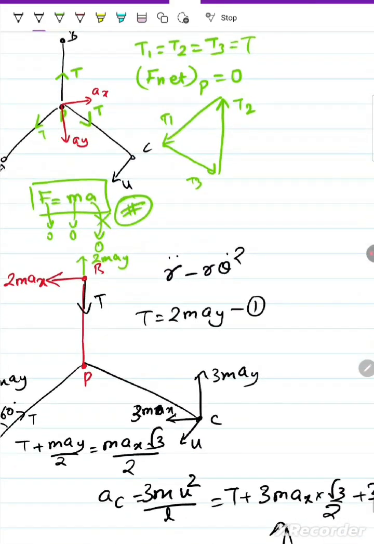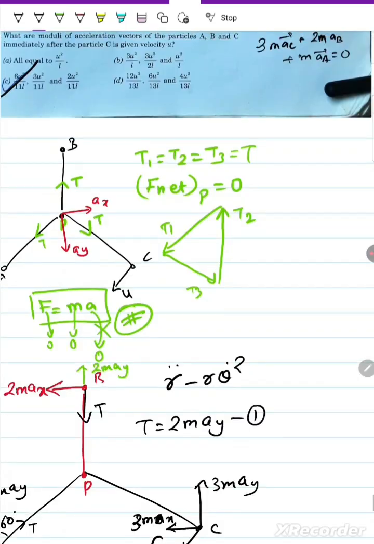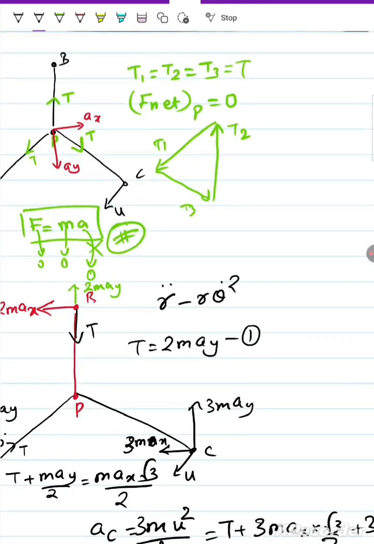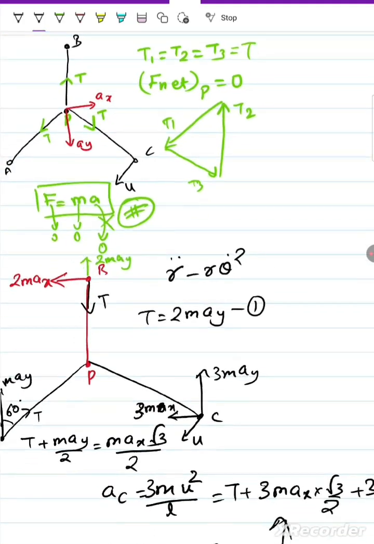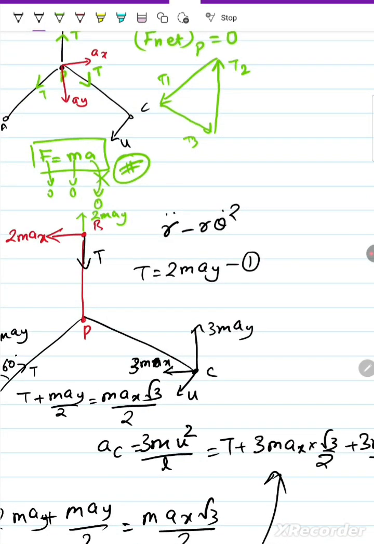Now one may wonder why P does not have a finite velocity. There can be a case that P is constrained to move with some finite velocity. It may be constrained to move, but assume that P has some velocity along rod C equal to ur, and perpendicular to rod C as u theta.